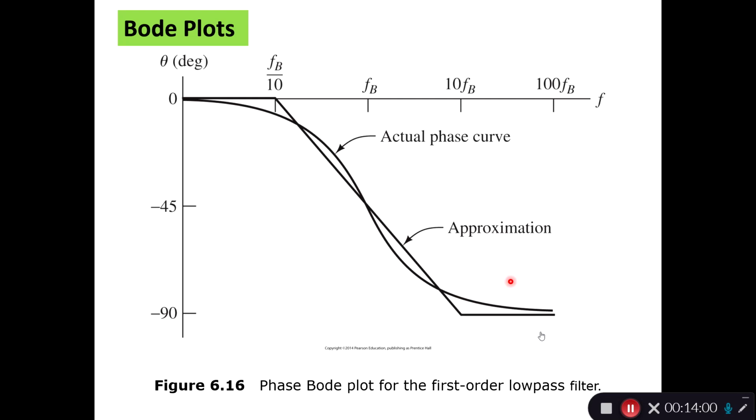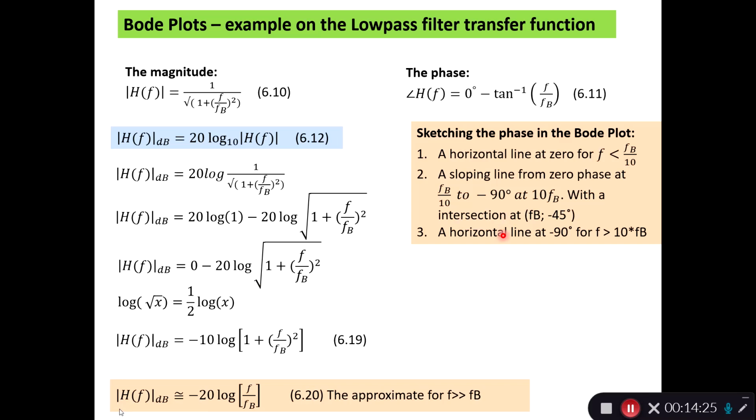This is of no problem, because a sketch is telling us how we should design it. We know when we simulate it or when we measure it, it will have this actual curve, but for sketching purposes, we don't care. So how do we sketch it? If we want to sketch it more rightly, we have here the magnitude of the low pass filter.